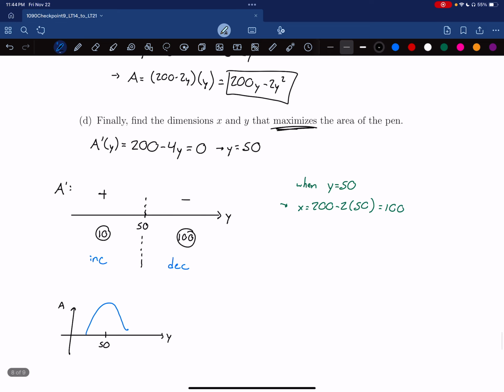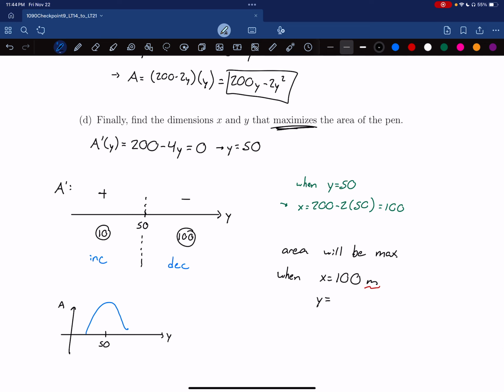So final answer, we can say that area will be maximized, or max, when x equals 100 meters. I'm going to emphasize the units because in the context of the problem, units are very important. And also y equals 50 meters. And that is our final answer.